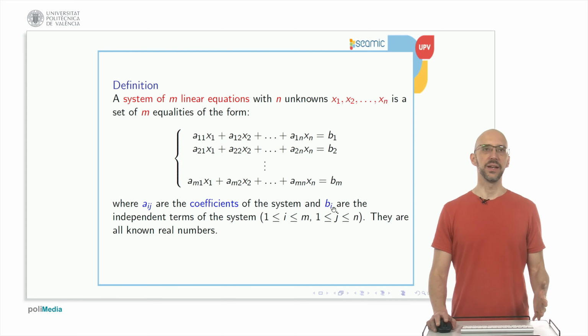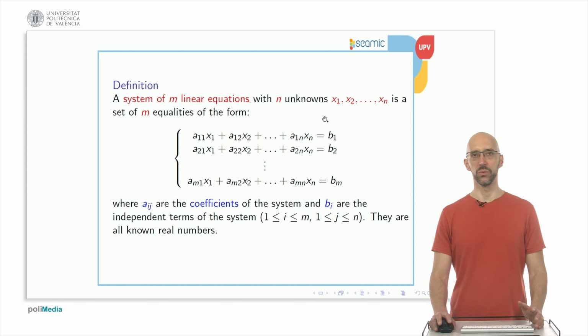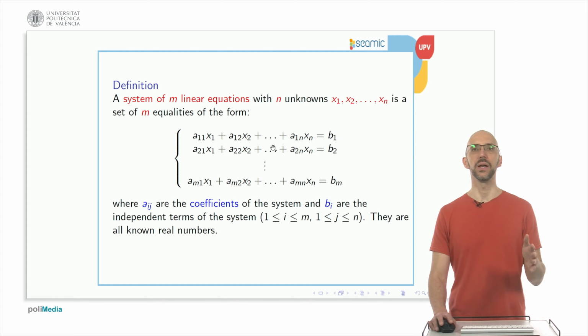In general, what is a system of m linear equations with n unknowns? It is going to look like this, where you have numbers, the coefficients, that multiply the unknowns. The unknowns are x1, x2, up to xn.